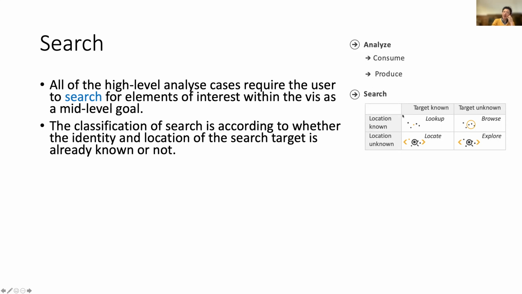They are based on whether you know the target, what you're looking for, and also whether you know the location of the target. So essentially, do you know the things you're looking for?